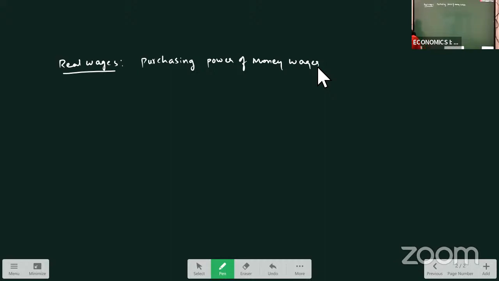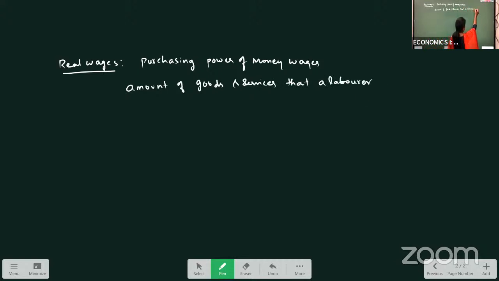Okay, real wages or purchasing power of money wages, or we can explain them as: real wages are the amount of goods and services that a laborer can purchase with his money wage.